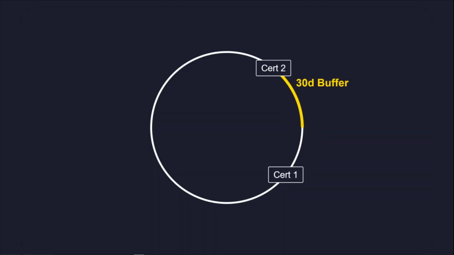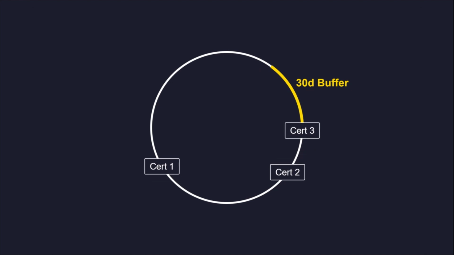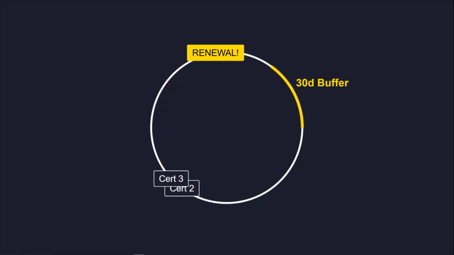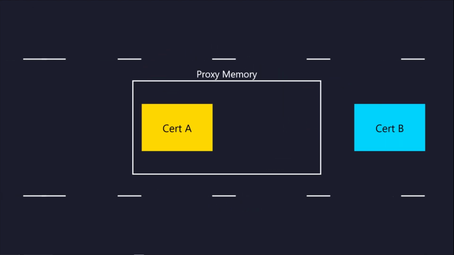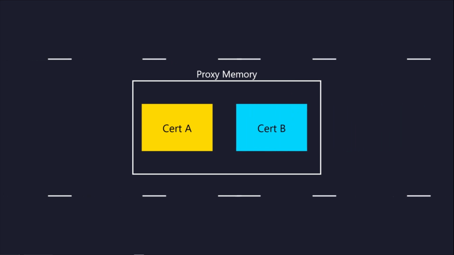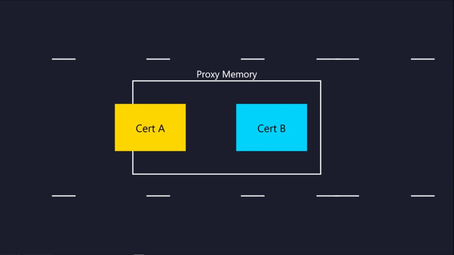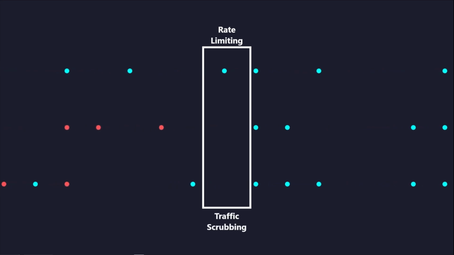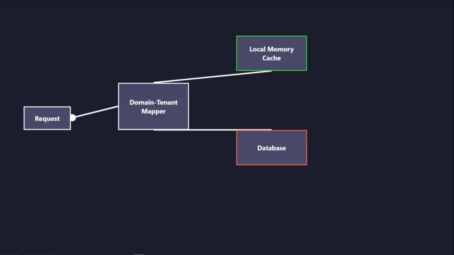Automated monitoring must track the expiration date of every tenant certificate and trigger a renewal attempt at least 30 days before expiry. Rotate certificates by loading the new file into the proxy memory before discarding the old one to ensure no active connections are dropped. Custom domains are often targets for attacks, so your mapping layer must include rate limiting and traffic scrubbing at the edge.